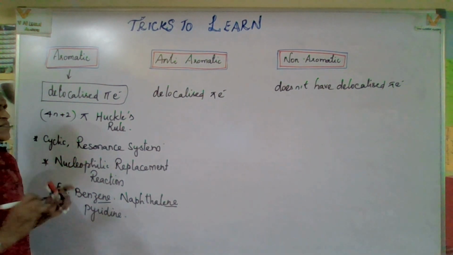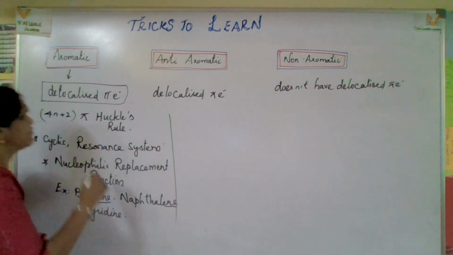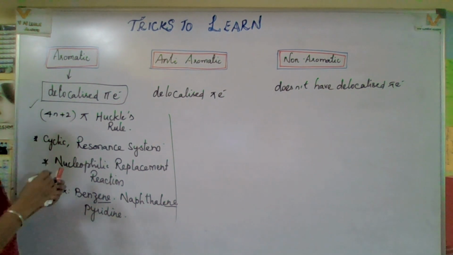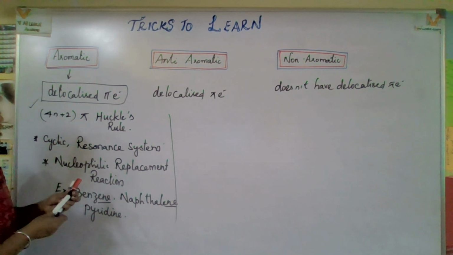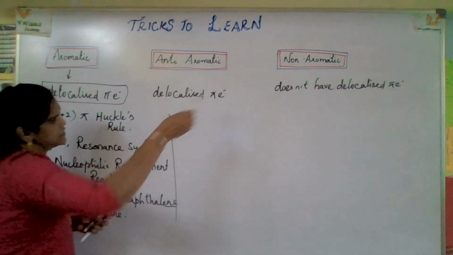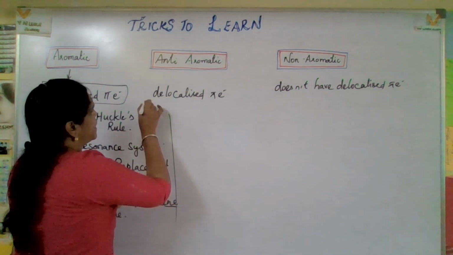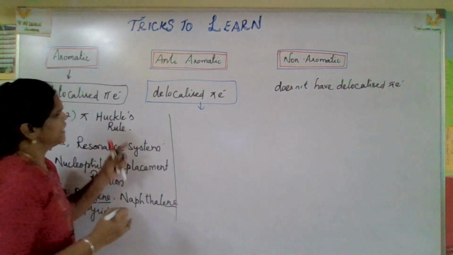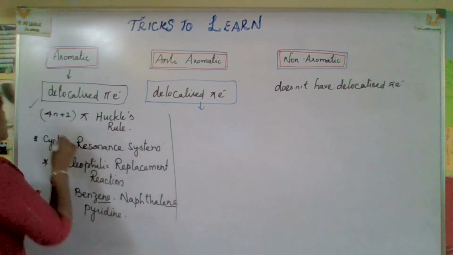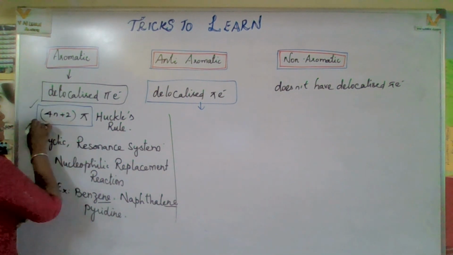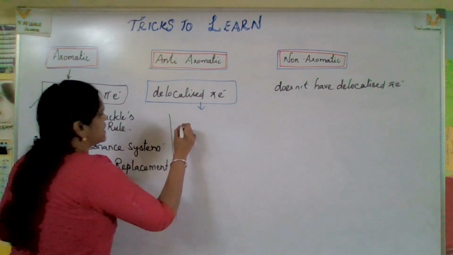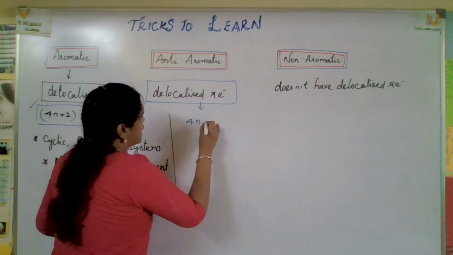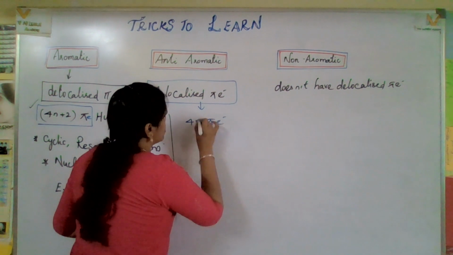Now we have gone through what is aromatic. Non-aromatic, let us go later. Now anti-aromatic, let us go here. This also has delocalized pi electrons. Here 4n plus 2 pi electrons are available in aromatic, whereas here 4n pi electrons are available.